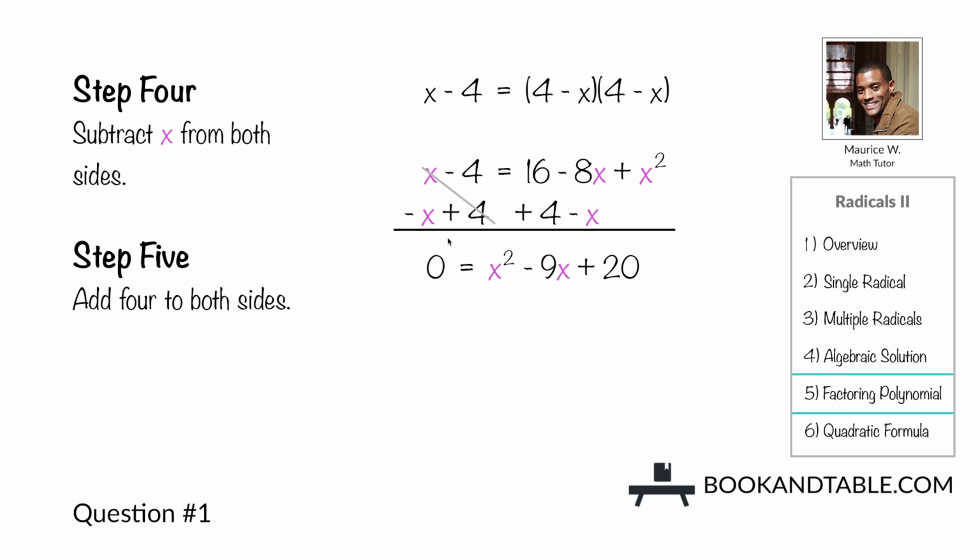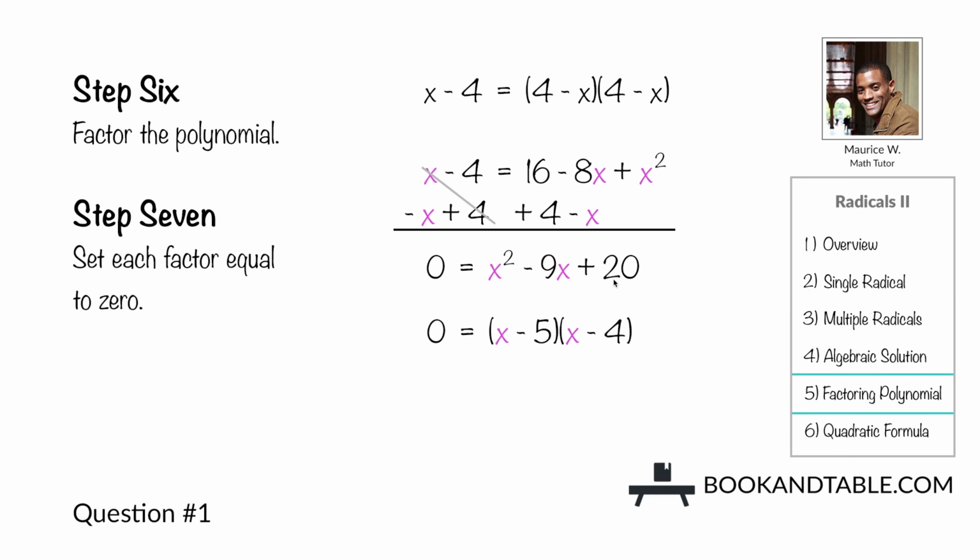So we have 0 on the left side. 16 plus 4 is 20 on the right side. So now we have the polynomial 0 is equal to x squared minus 9x plus 20. Our coefficient of x squared is 1. So we want to consider the factors of 20 and see if any of them have a sum of negative 9. And those factors would be negative 5 and negative 4.